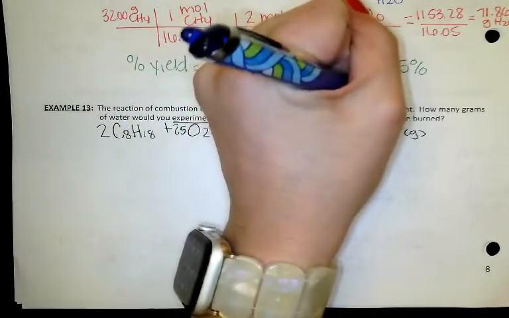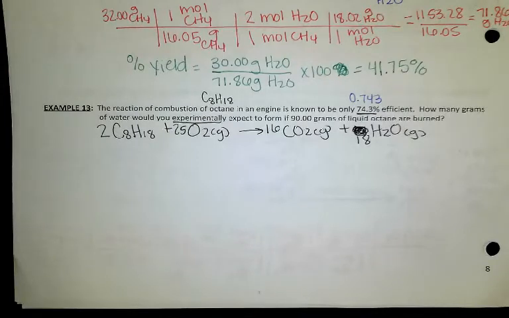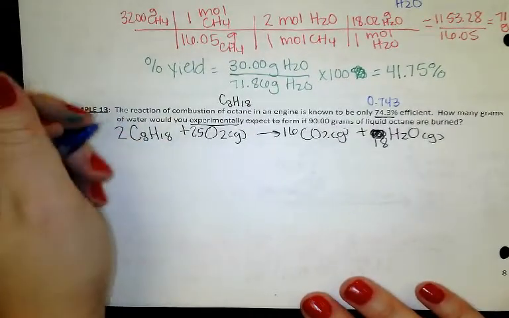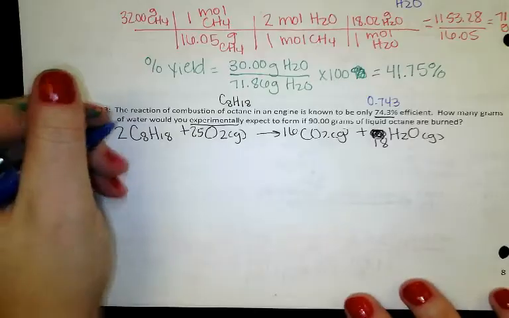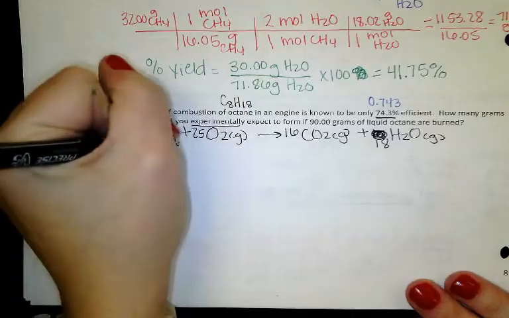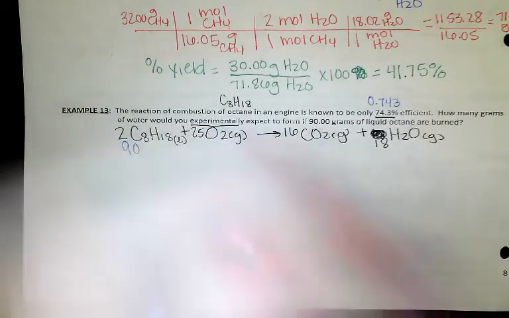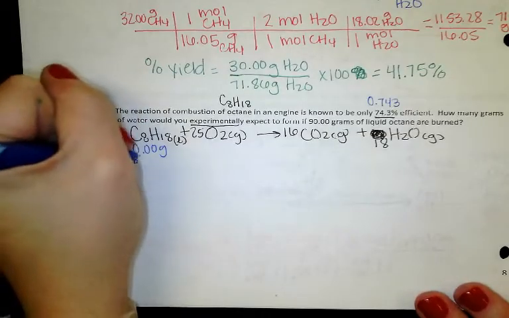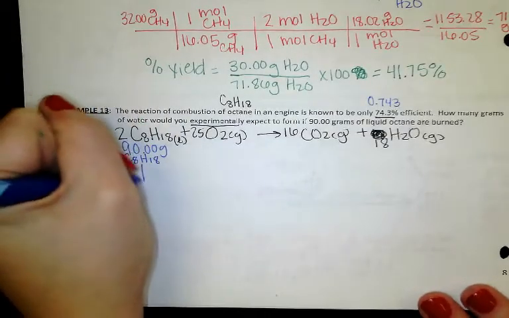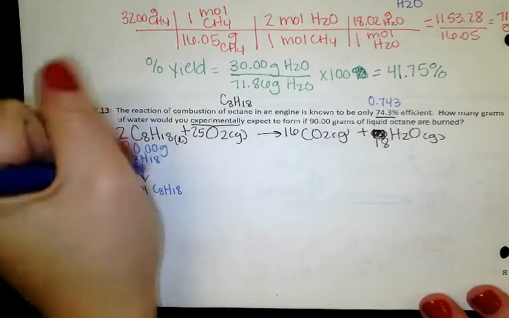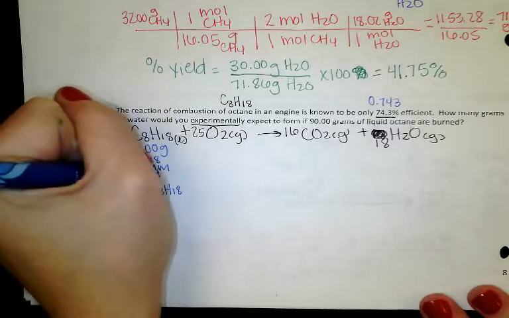Okay, so we're going to start with 90 grams. Oh, it said liquid. Wow. Okay, 90 grams of octane. Okay, we're going to convert grams of octane to moles of octane using the molar mass of octane. Then we're going to go from moles of octane to moles of water using those molar ratios.